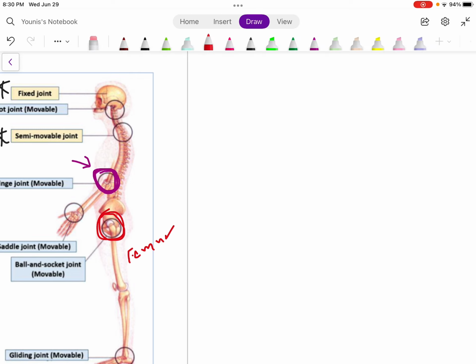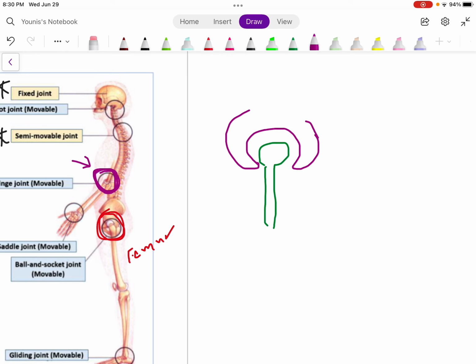Why is it called ball and socket? You know what ball means? One of the bones has a head like a ball. And why is it called a socket? Because the point where it's attached is complementary in shape, like a hole, like a socket.